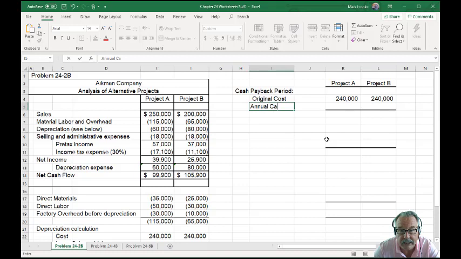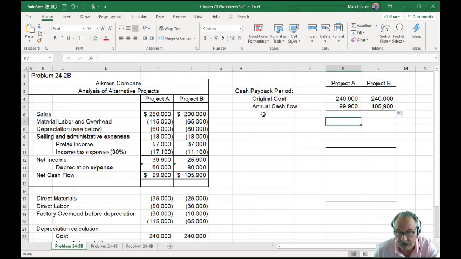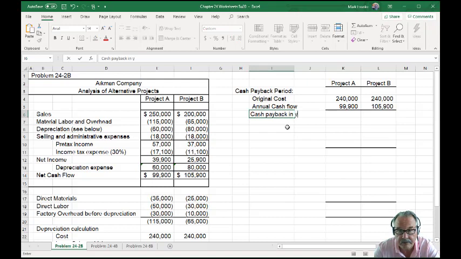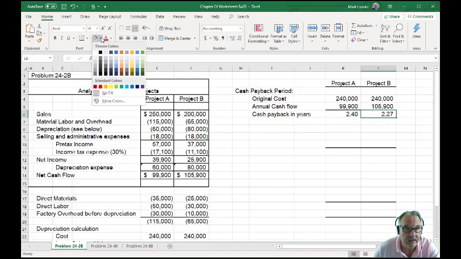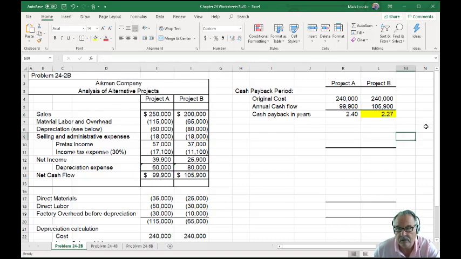Divide that by the annual cash flow, which is the $99,900 for project A and the $105,000 for project B. So the cash payback in years is the cost divided by the annual cash flow, and naturally project B has a faster payback because it's getting more money every year, but it is only a 3-year project.